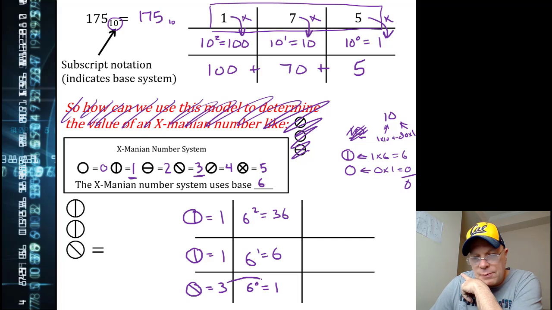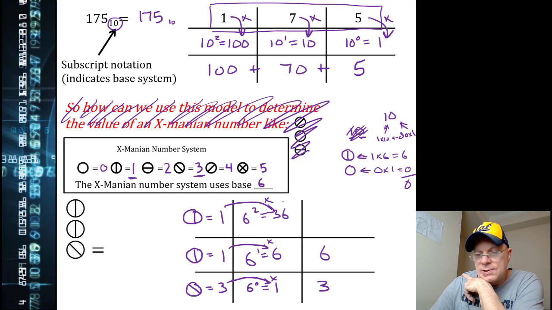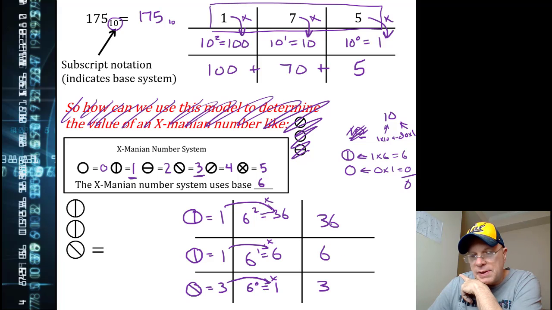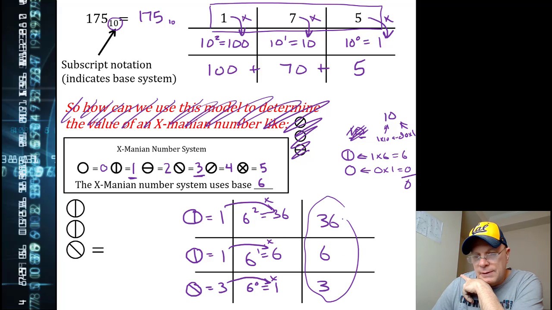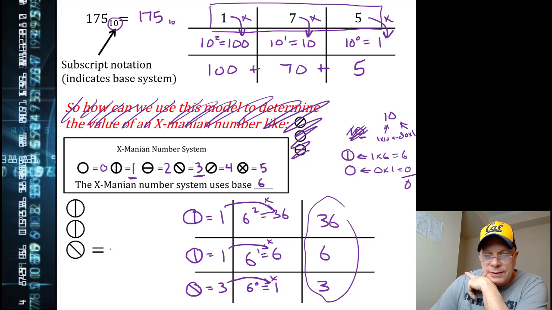If they have 3 ones, that's 3. 3 times 1 is 3. If there's 1 six, that's 6. If there's 1 thirty-six, that's 36. And so the base 10 value would be the sum of these: 42, 45. This is 45 in base 10.